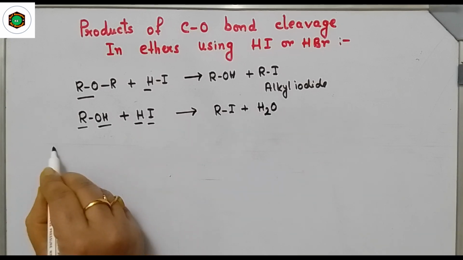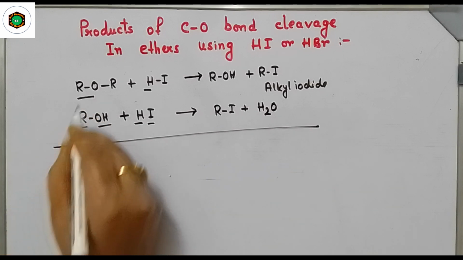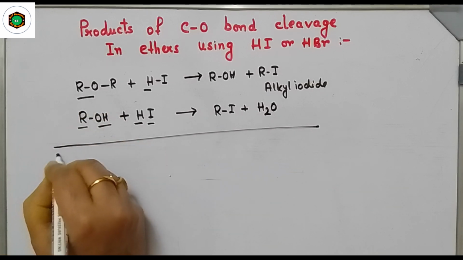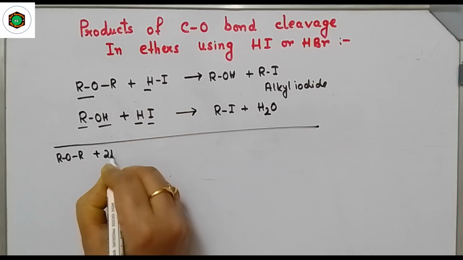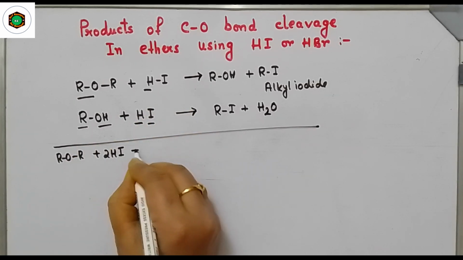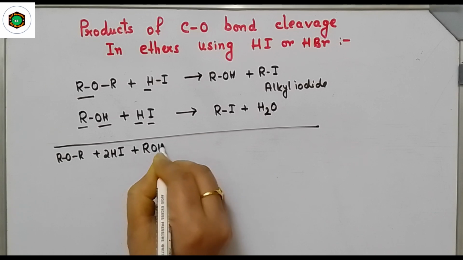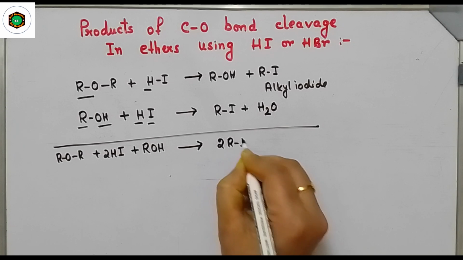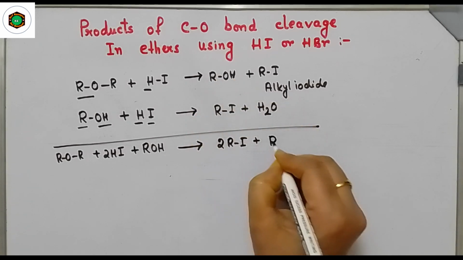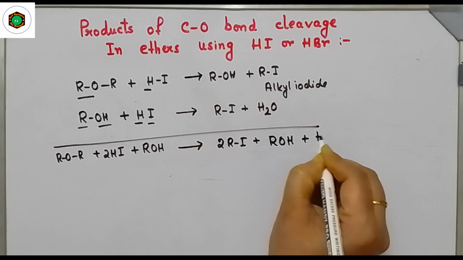So what is the overall reaction? Just add up. Left side ROR plus 2HI plus ROH, and right side 2 RI molecules we are getting plus ROH plus water.